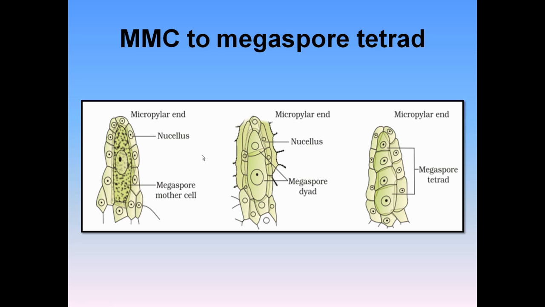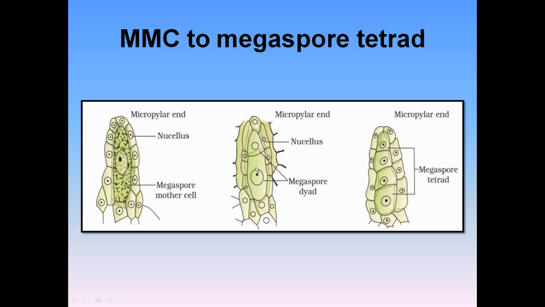As you know, megaspore mother cells or meiocytes are going to divide with the help of meiosis. By the process of meiosis, the end product will be four cells. This is referred to as the megaspore tetrad, and this is the intermediate stage, that is meiosis 1, where you can easily see two cells.